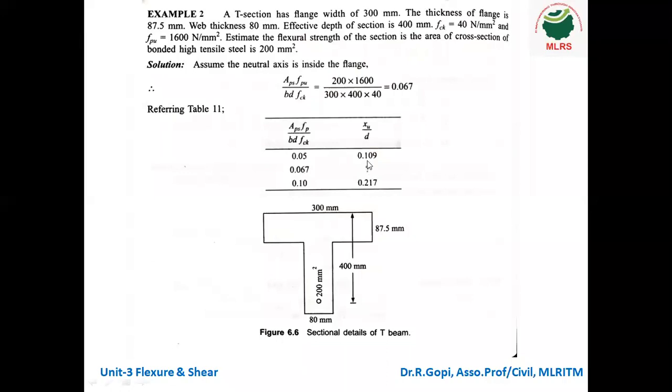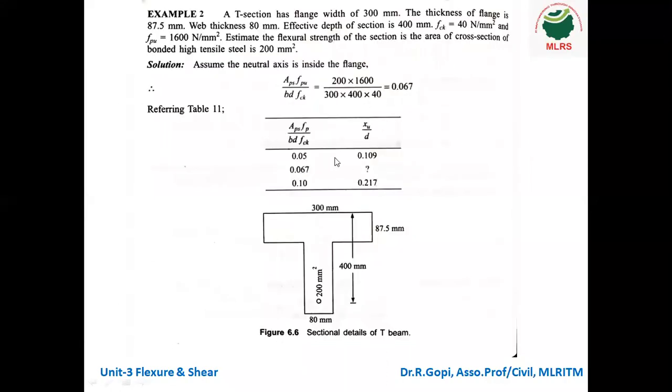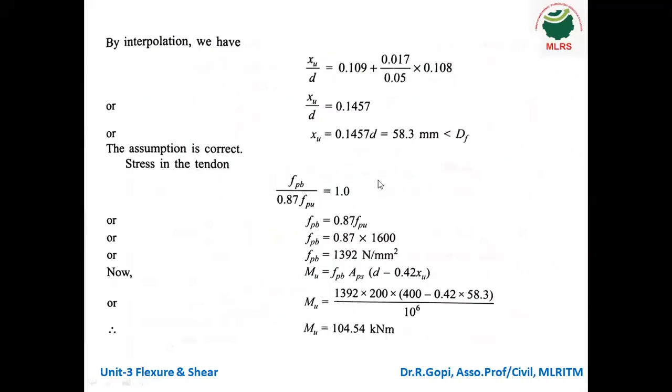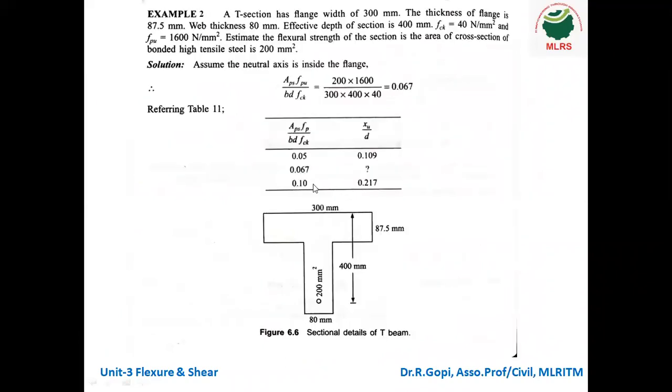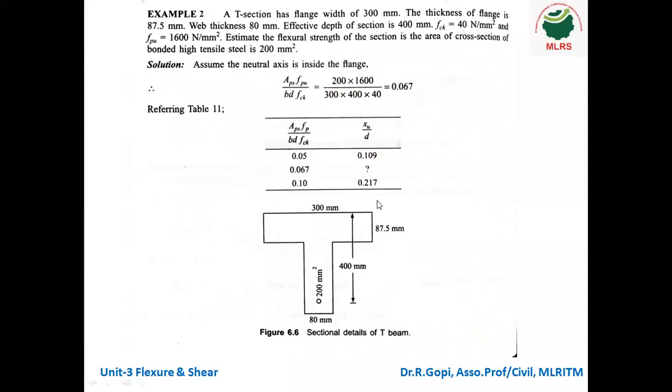First write 0.109 plus, next the ratio 0.217 minus 0.109, divided by 0.1 minus 0.05, into 0.017. What is this 0.017? It means, from which value we must know 0.067.